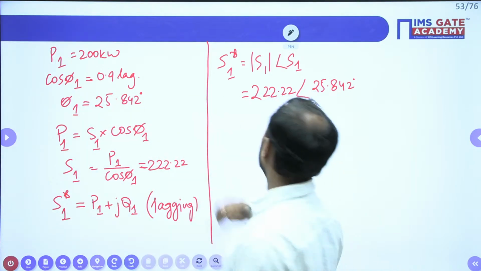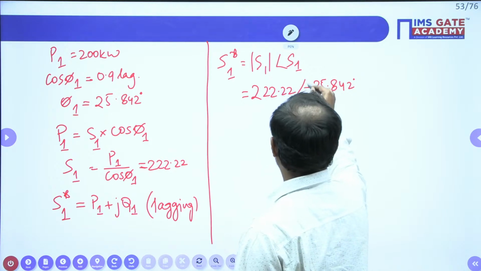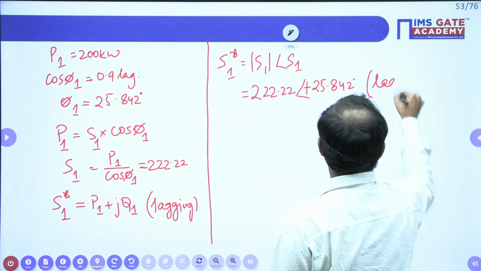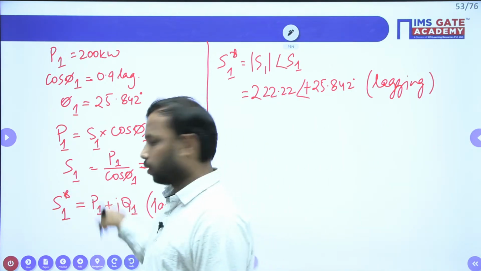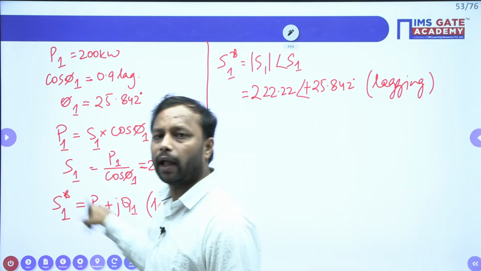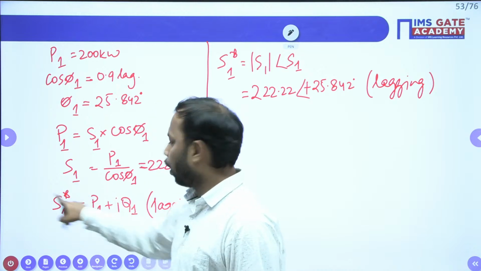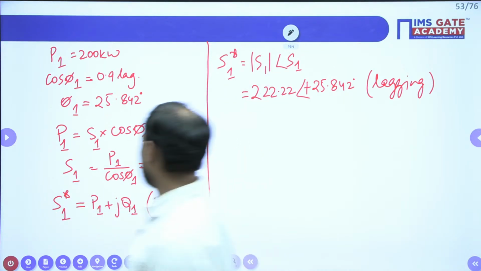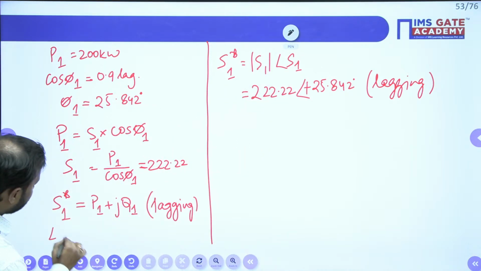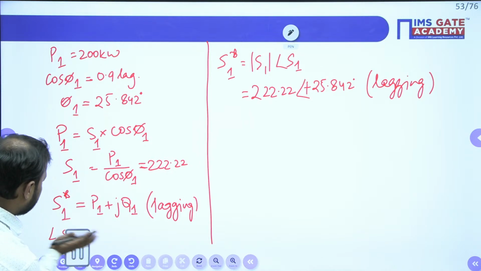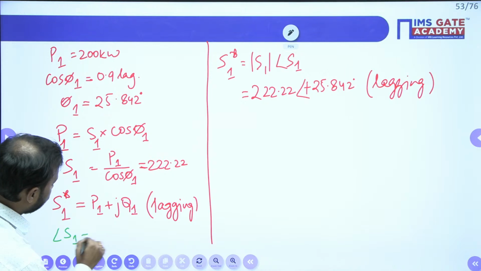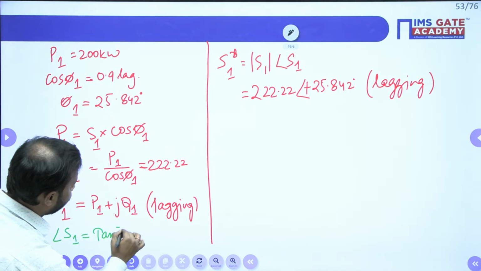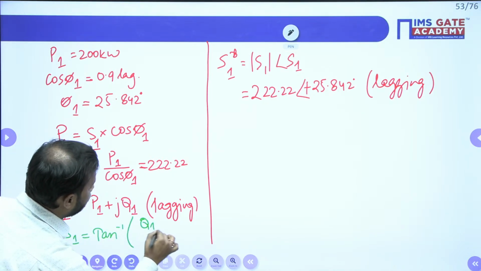We need to take a positive sign for lagging, as it is written here. If you find the angle from here, na, angle S1 will be what here? Angle S1 is equal to tan inverse of imaginary part divided by real part.